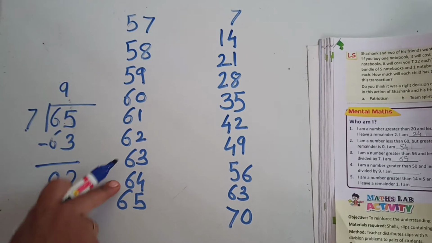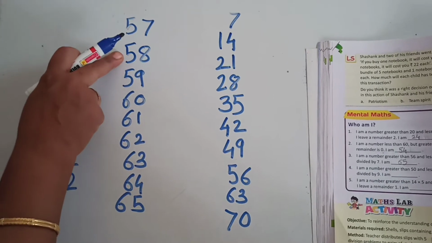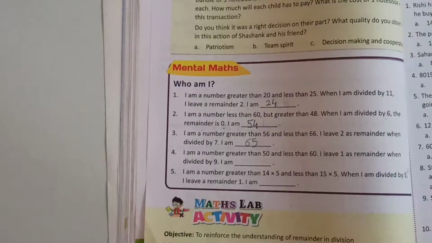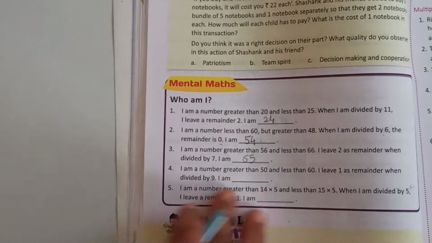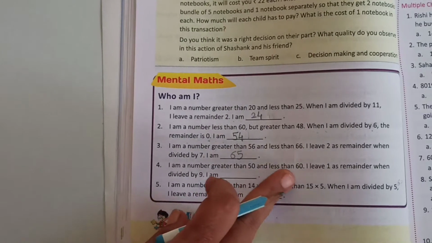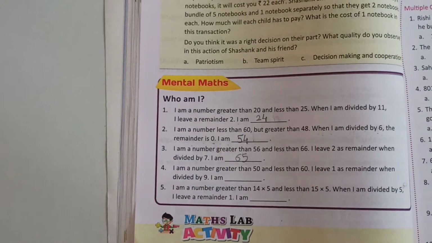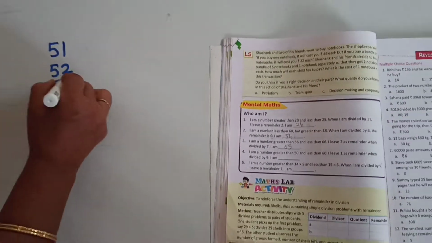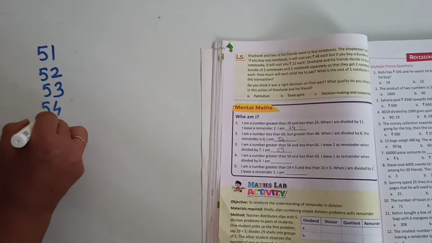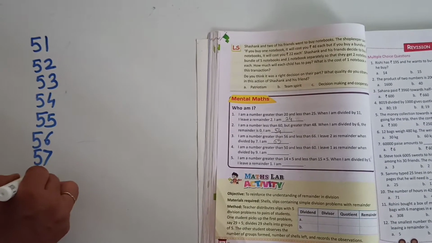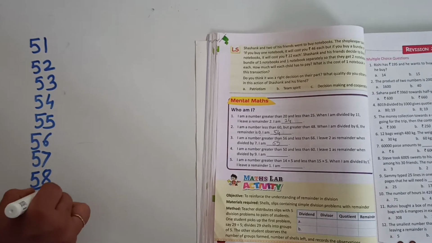Let's see here, 58. Now here, I am a number greater than 50 and less than 60. Okay, so we will write here greater than 50 and less than 60. 51, 52, 53, 54, 55, 56, 57, 58, 59.